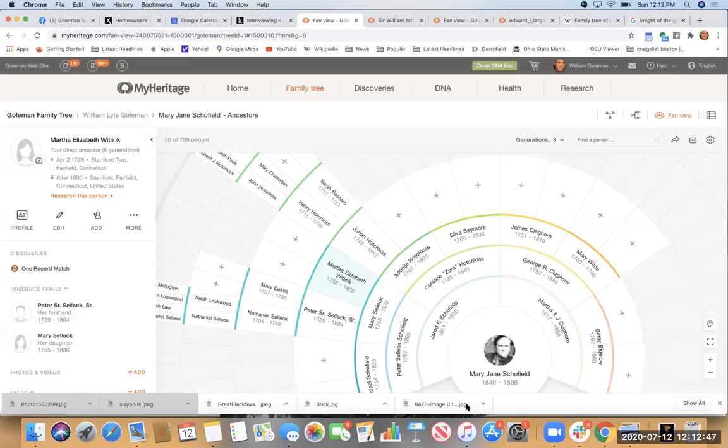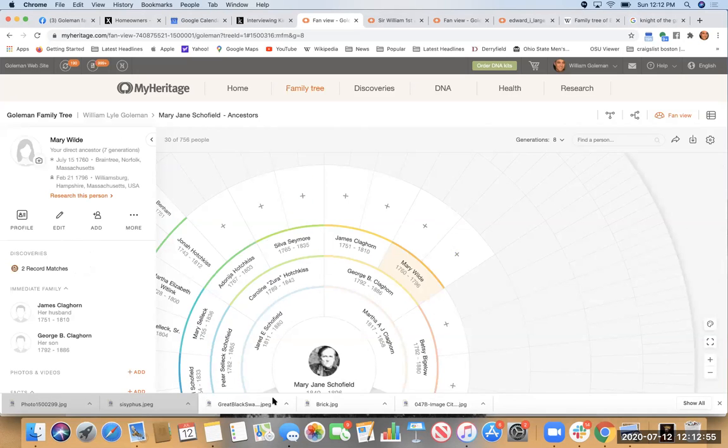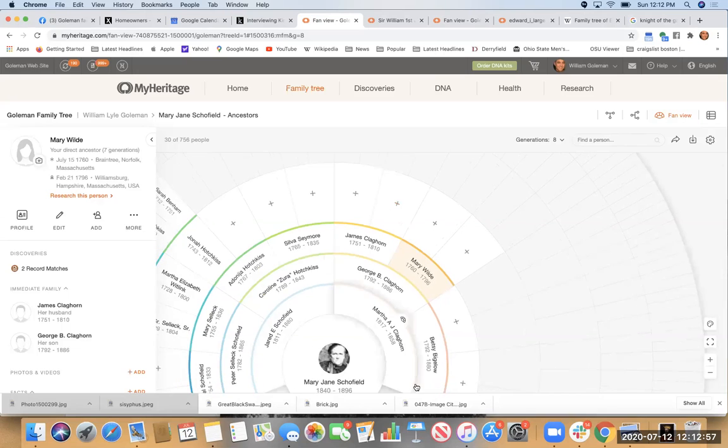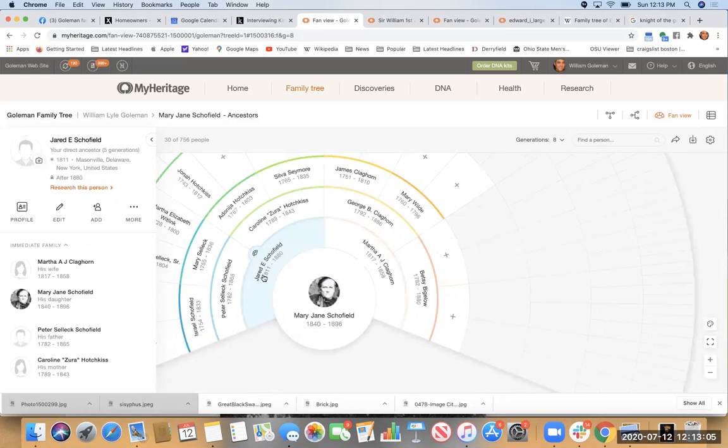So the first thing I did was I went through her mother's side, and I couldn't get very far back. Actually, you might consider the 1700s to be pretty far back, but I mostly focused on her father's side, Jared Schofield, and came across this line, the Hotchkiss family.